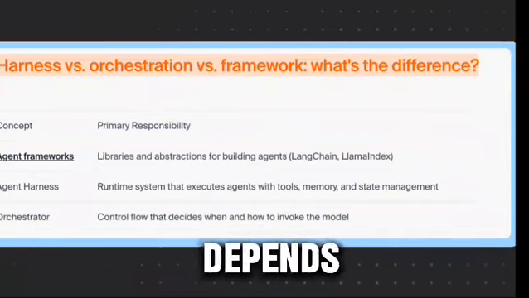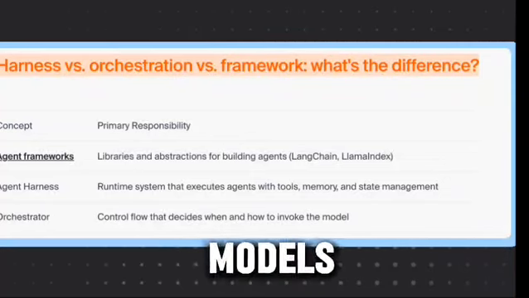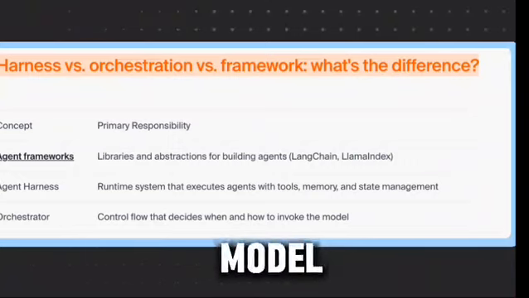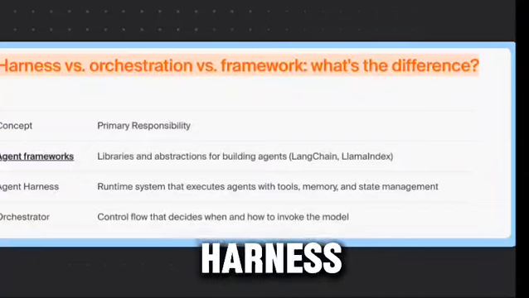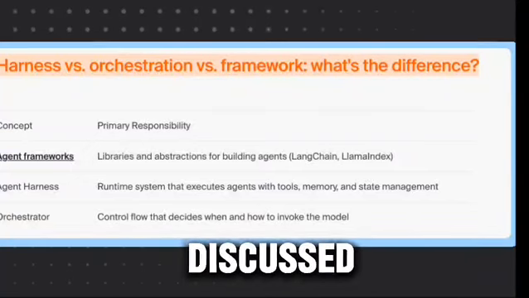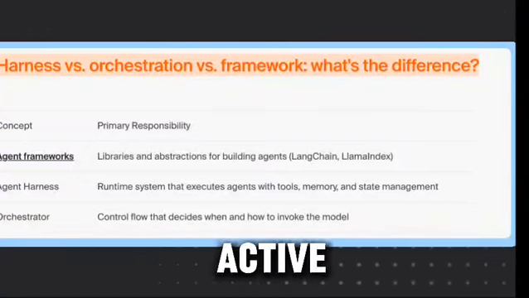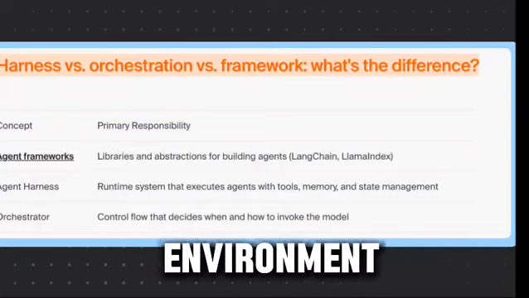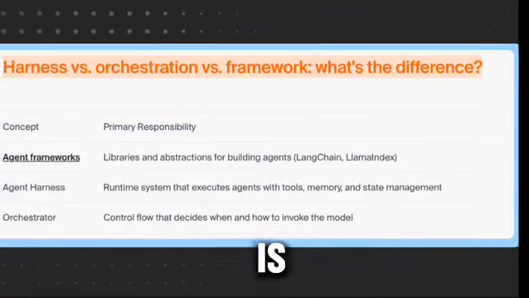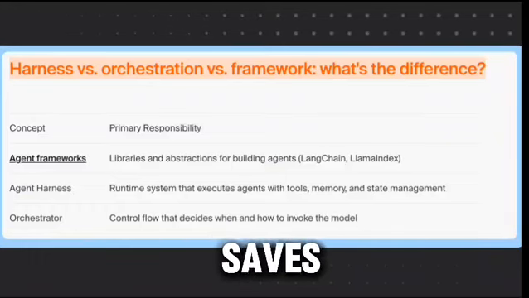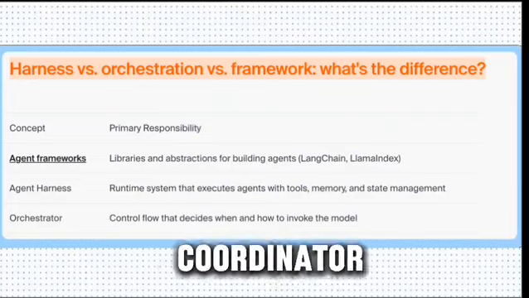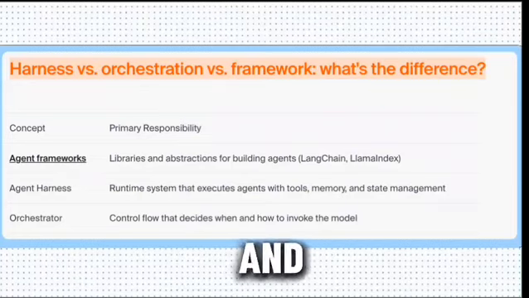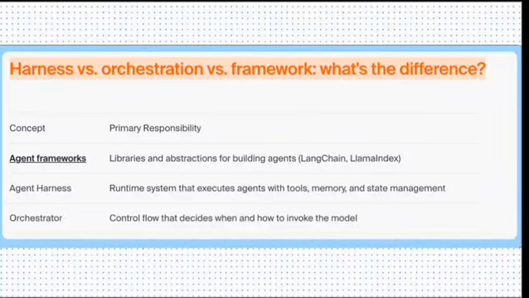That means it defines the order of the models, when and what type of model it should run. The third one is the harness, as we discussed a little: the active runtime environment managing tools, sandboxes, memory files, and state saves. So a framework gives you the pieces, the orchestrator routes the traffic, and the harness executes the work.